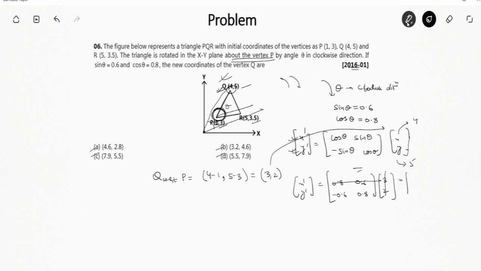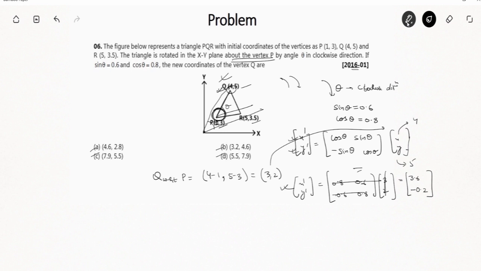If you solve, 3 into 0.8 is 2.4, and 0.6 into 2 is 1.2, so it comes as 3.6. Similarly, minus 0.6 into 3 is 1.8, and 0.8 into 2 is 1.6, minus 1.8 plus 1.6 gives minus 0.2.